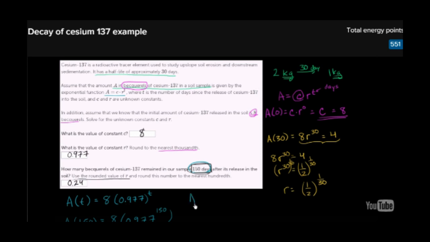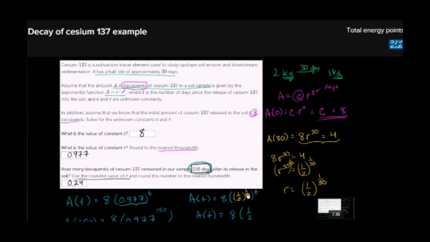Well, instead of writing 0.977, let's write A of t as being equal to 8 times our r. This is an approximate value for r. If we wanted to be a little more exact, we can say that our r is 1/2 to the 1/30th power, and we're going to raise that to the t power, or we could say A of t is equal to 8 times 1/2 to the t over 30 power.